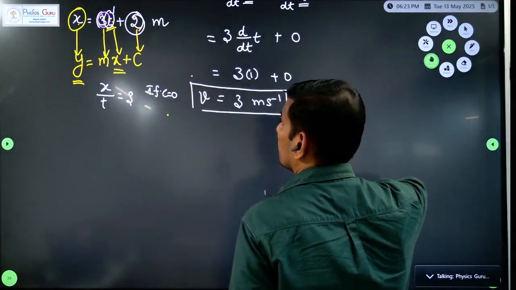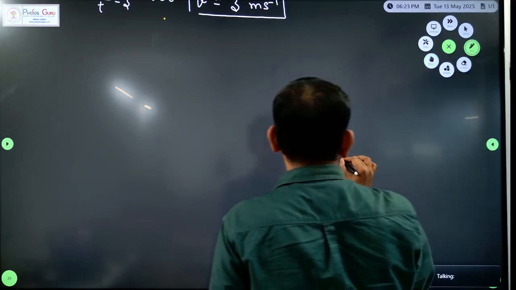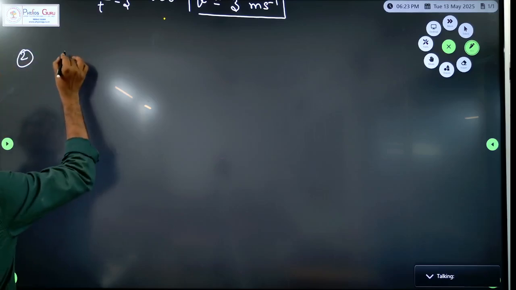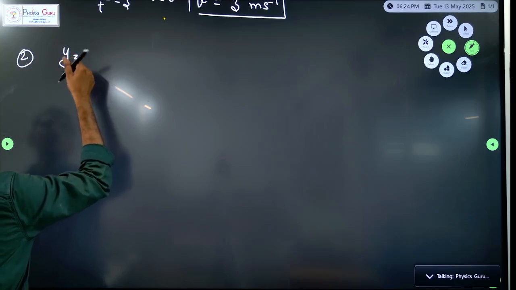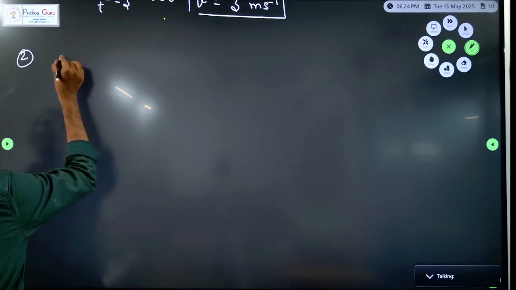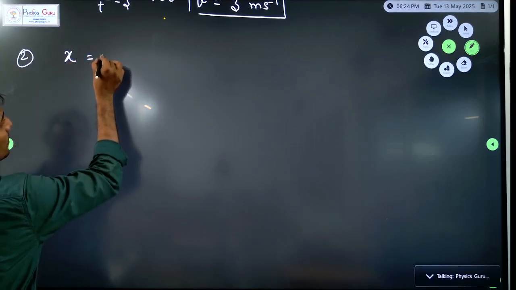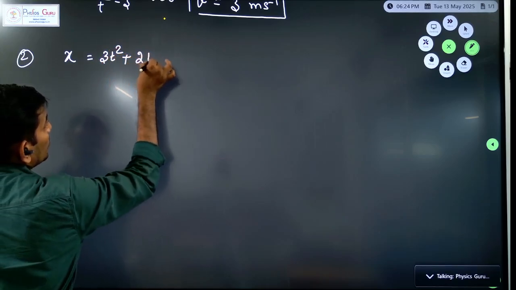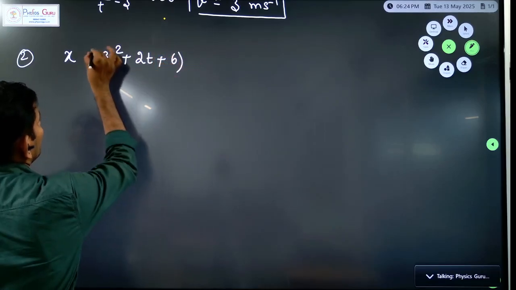Now let's take a second order equation. Let's suppose y, displacement, is equal to 3t square plus 2t plus 6 meter.